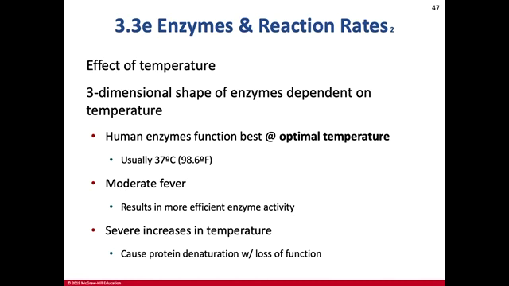Okay? These optimal temperatures are the temperatures at which the enzyme can maintain its normal shape and perform its activity the fastest. All right? When you're below the optimum temperature, collisions between the enzyme and the substrate happen too slowly, and when you're above the optimum temperature, the enzyme begins to denature, and eventually it'll no longer function.